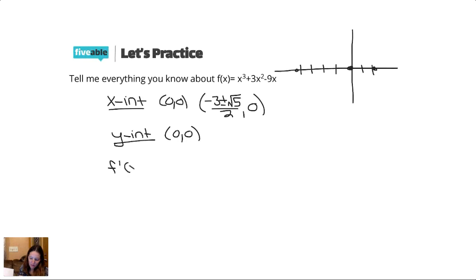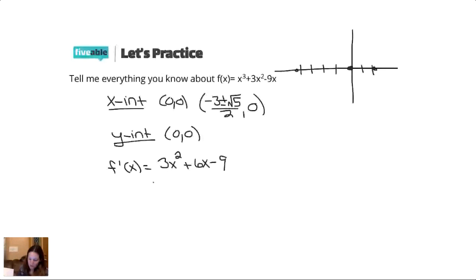So I'm going to start by taking f prime of x. So f prime of x, right? We use our power rule here, so we get 3x squared plus 6x minus 9. And I worked really hard to make that a nice pretty one that we can factor, because our goal would be to find where the derivative equals 0. Where the derivative equals 0 is going to tell us where our maxes and mins are, and it's going to give us points to look on either side for increasing and decreasing.